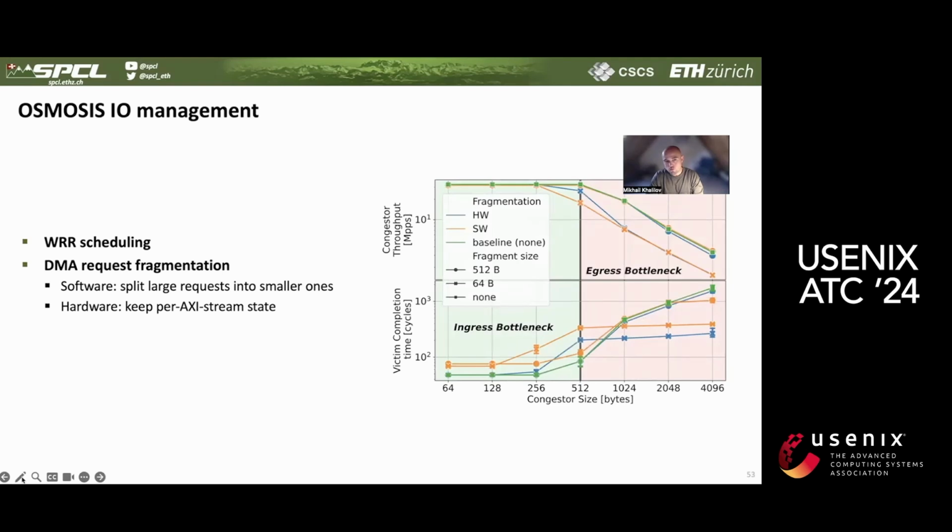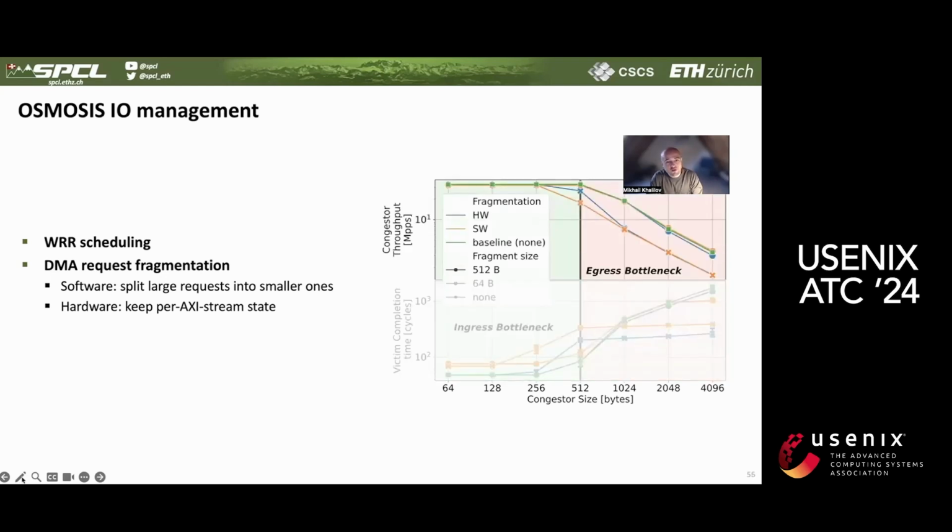On the right side, we evaluate a scenario where the I/O towards the NIC egress path is initiated from the victim and congester kernels at the same time. We compare 64 and 512 byte fragmentation versus no fragmentation at all as a baseline. As the congester request size grows along the horizontal axis, in the subplot below, we notice the lower impact on the kernel completion time, thanks to the request fragmentation.